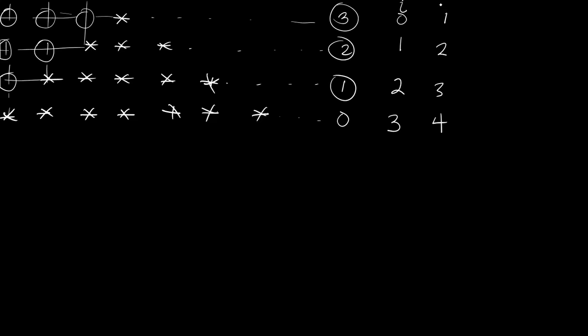So our numbering system will now be I plus 1. So if you say 0 plus 1, it gives you 1. 1 plus 1, it gives you 2. 2 plus 1, it gives you 3. 3 plus 1, it gives you 4. So this is what we're going to use as our n term.